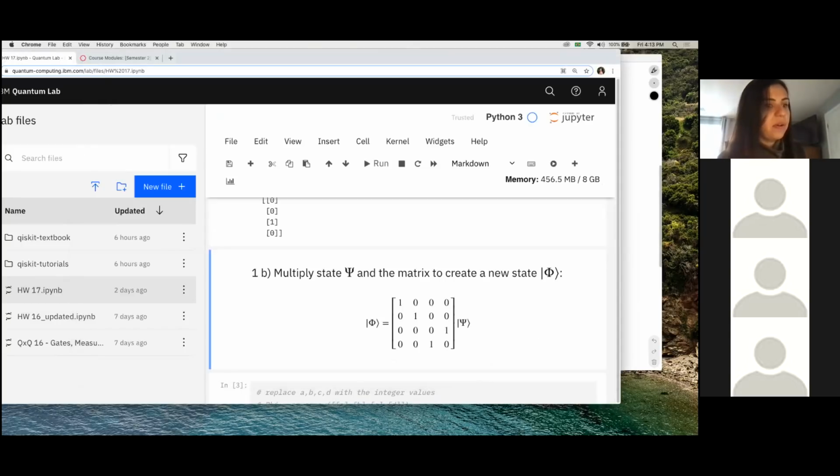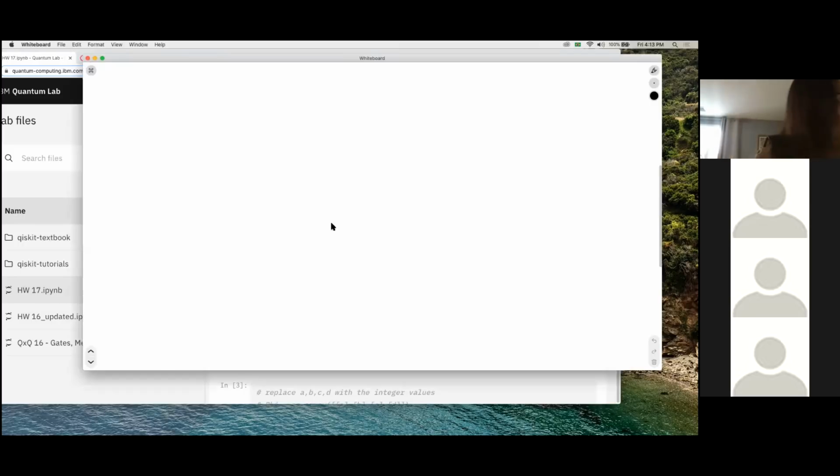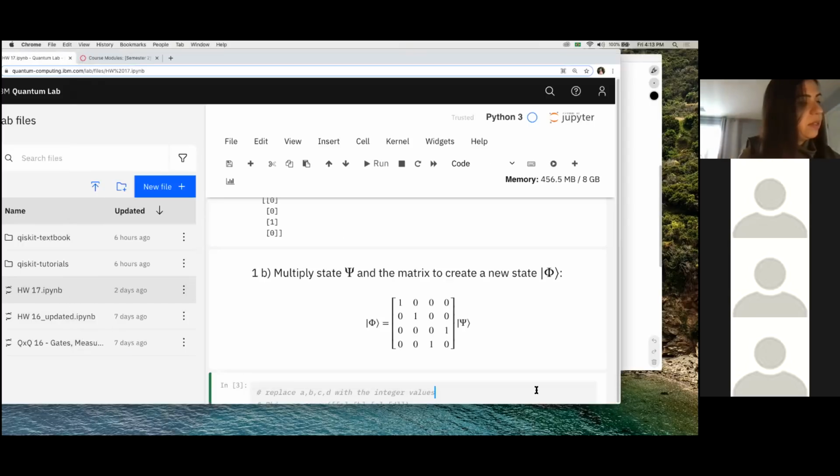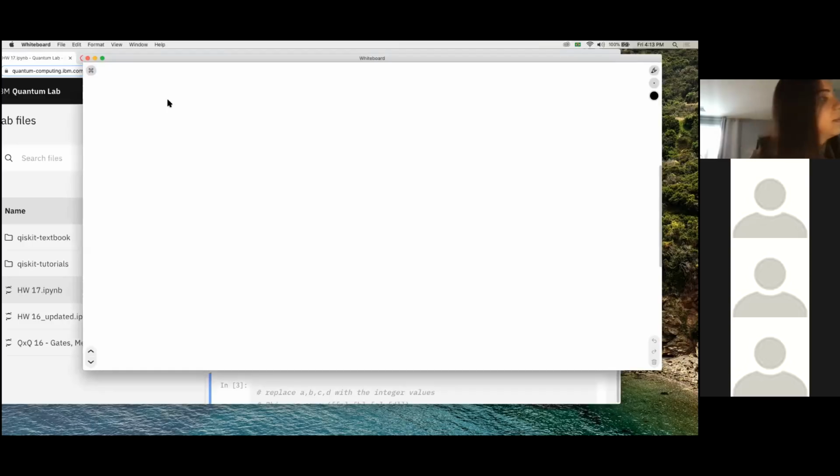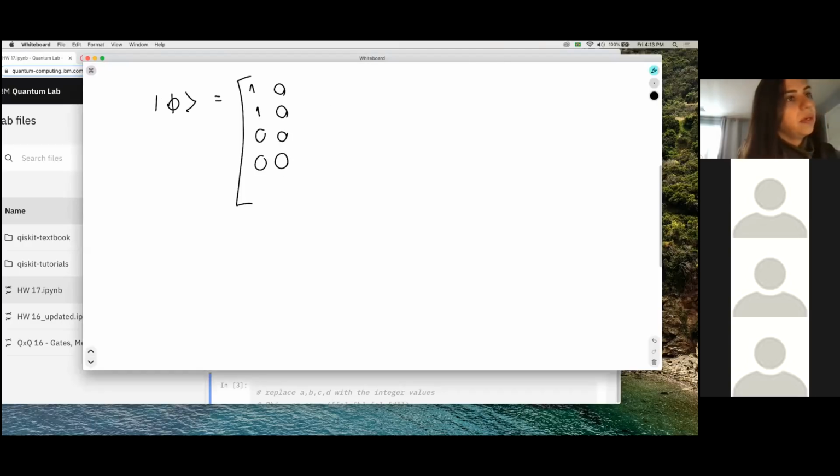The end state is gonna be called phi. We have this matrix here.